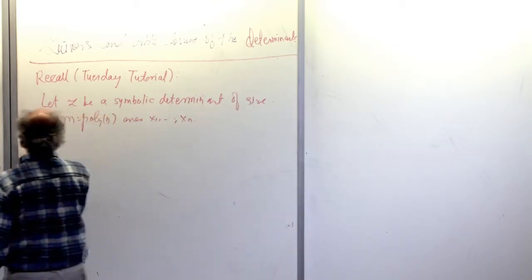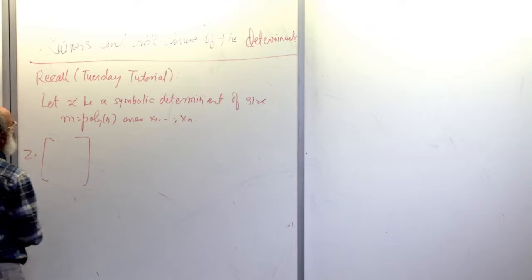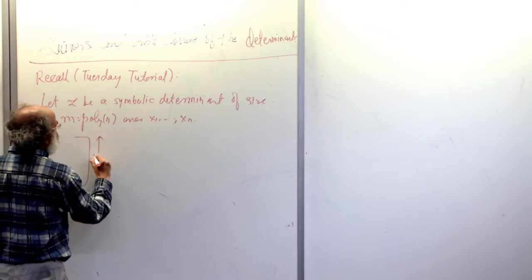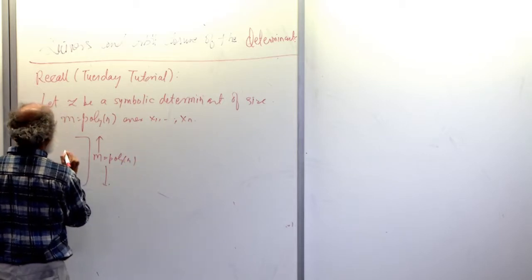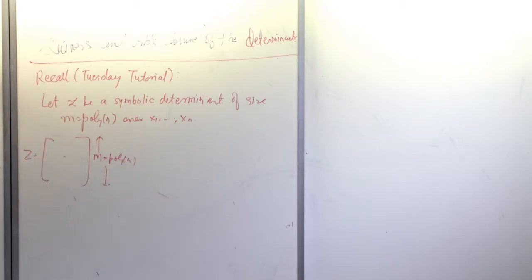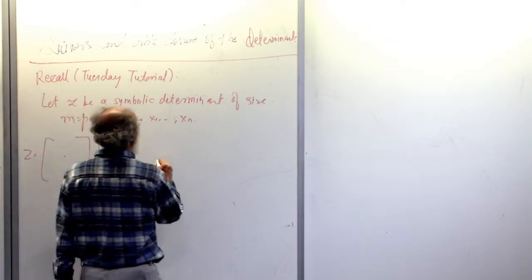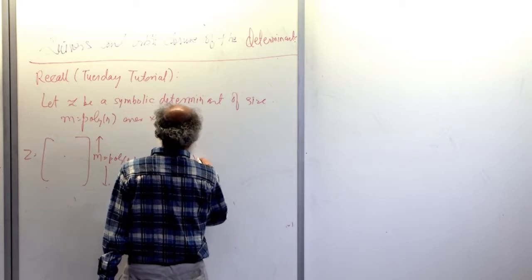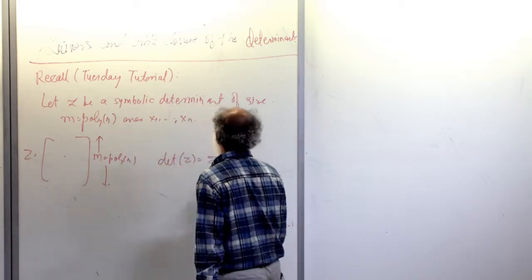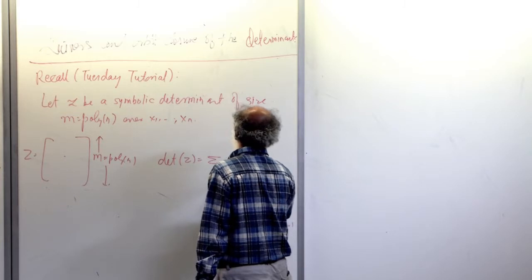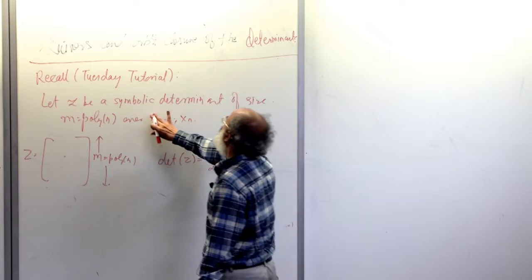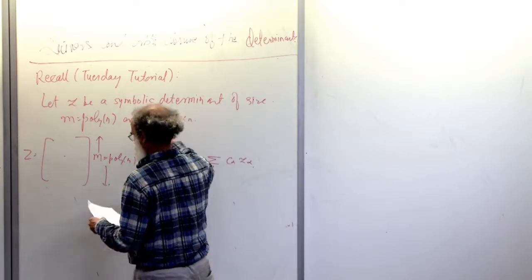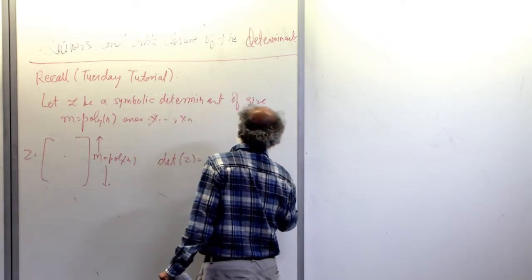By symbolic determinant we mean just some matrix of size m, polynomial in n, by m, where each entry is a linear combination of the variables x1 to xn, and then you take the determinant of Z and you express it as monomials: c alpha times x alpha, where these are the monomials in x.